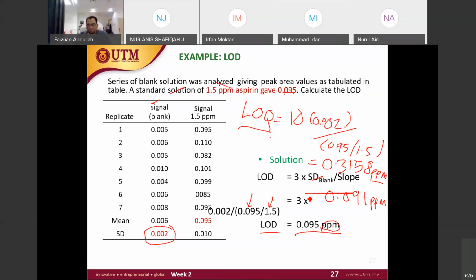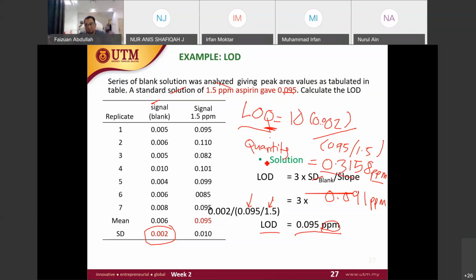No, because the acceptable value that can be reported from this instrument starts from 0.315, the quantitation. Quantitation means the quantity that can be officially detected by this instrument starts from this value.